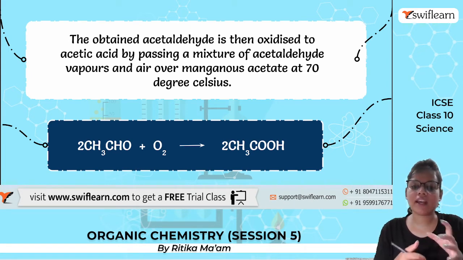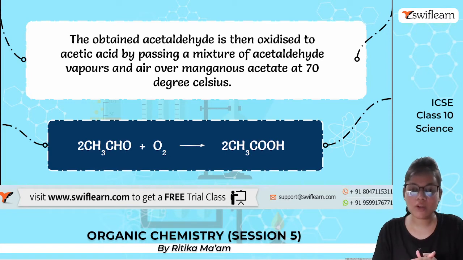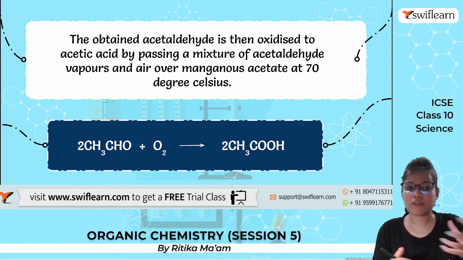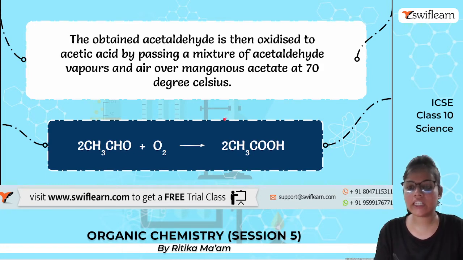So the obtained acetaldehyde, we are oxidizing it to acetic acid. How? By passing this particular mixture of vapor over manganese acetate at 70 degrees Celsius.